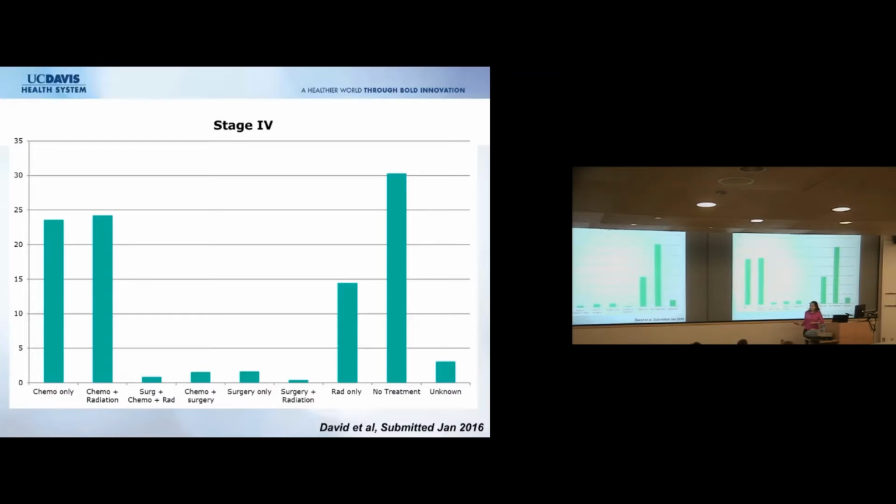That's probably something that needs more delving into, which we're not really going to talk about today, but it's sort of alarming that the no treatment group is the highest group in terms of our frequencies. And then here in the middle, we see all of our surgical groups, okay? Extremely low. So surgery is not being used heavily in this population.